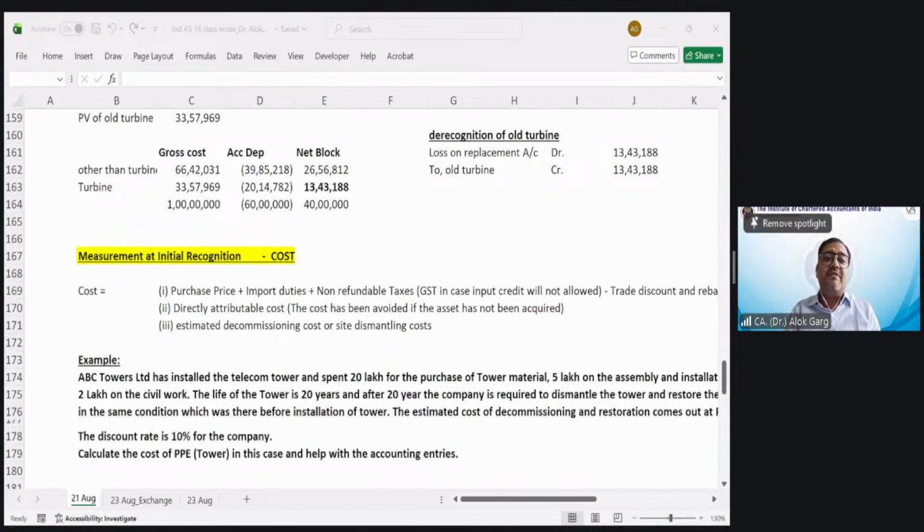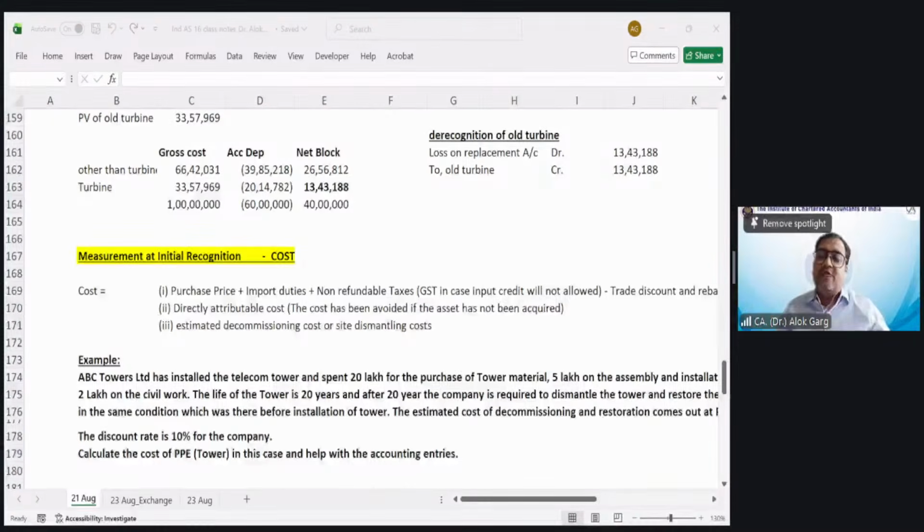Yes, it is present value, right? So the 10 lakh is a cost which is incurred after 20 years, but I am capitalizing my PPE today. Means my decommissioning cost, my site restoration cost, is 10 lakh rupees after 20 years.